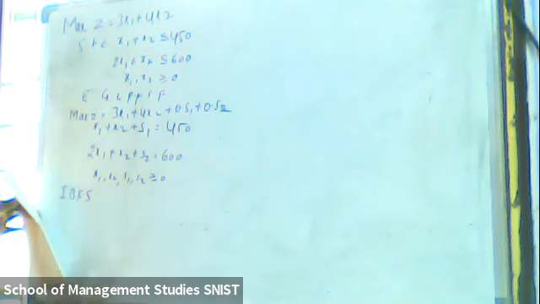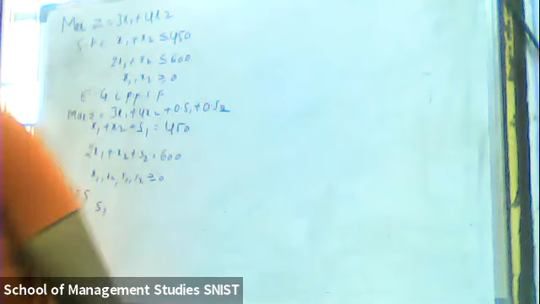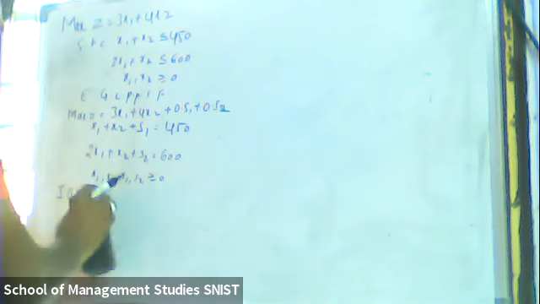Now the initial basic feasible solution. If I assume x1 and x2 are 0, then what about s1? 450.